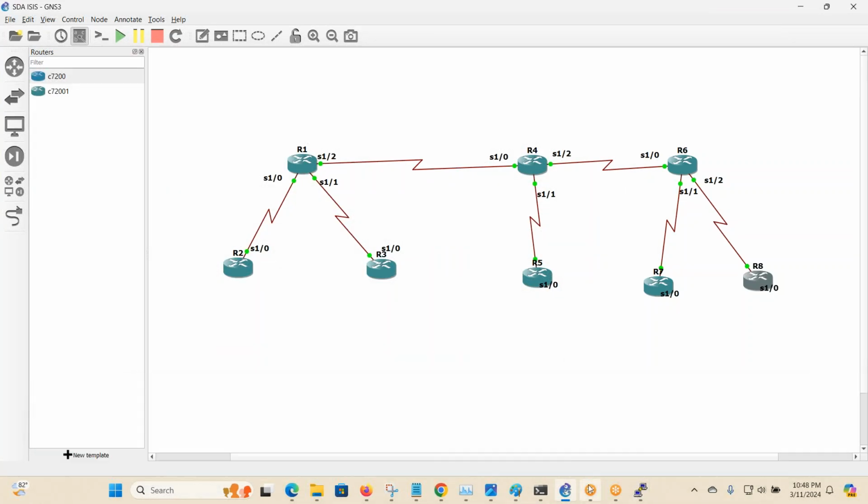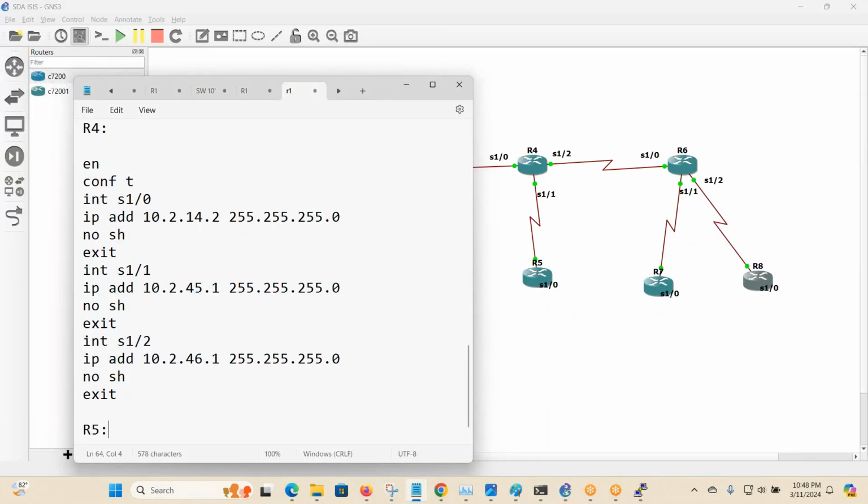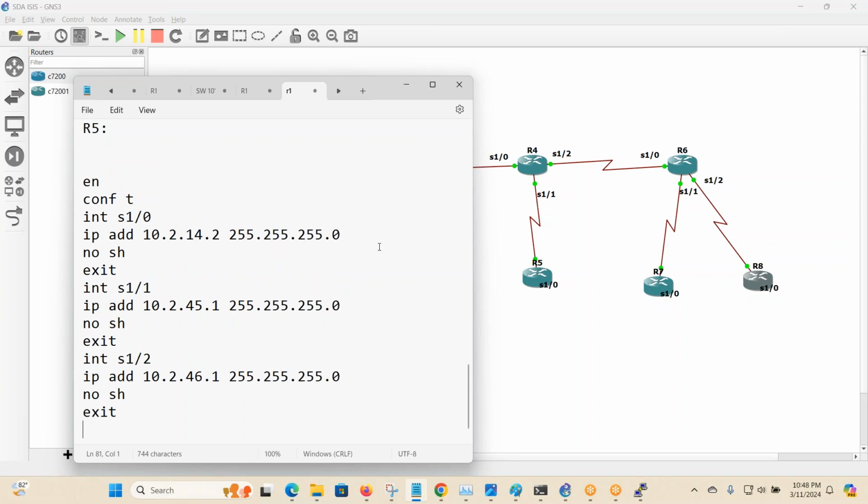Then we have R5. On R5 we have serial 1 by 0. Serial 1 by 0 is 45.2. And then we have loopbacks. Loopback 5. The loopback 5 will become 10.2.5.1.